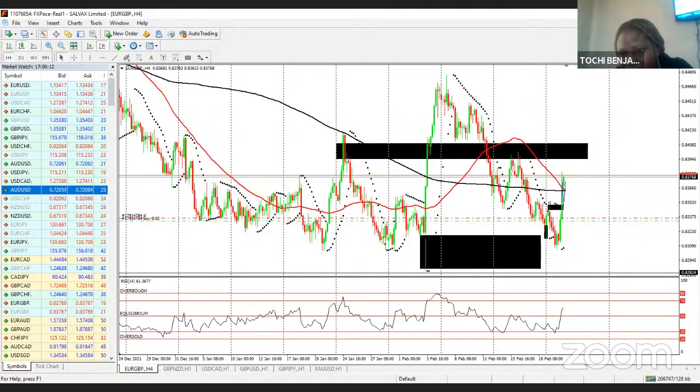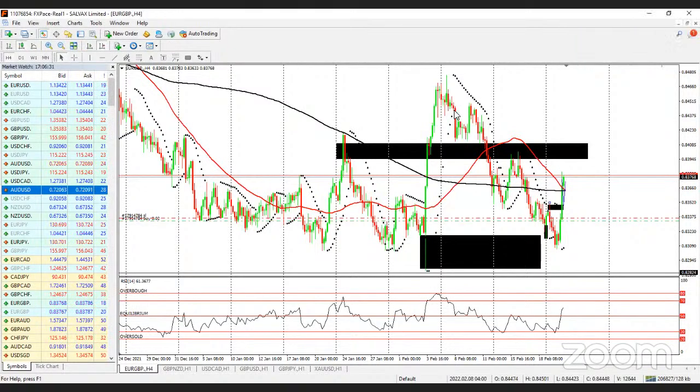If this is the price, you can decide to choose a psychological number around there, or just use the price around there as your stop loss, and input your stop loss parameter or your take profit parameter. Is that clear? Yes, ma, it's clear now.